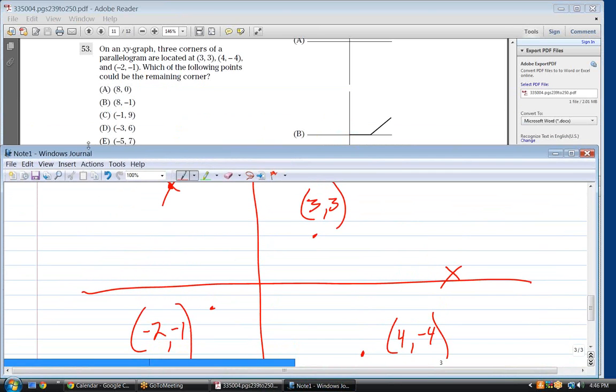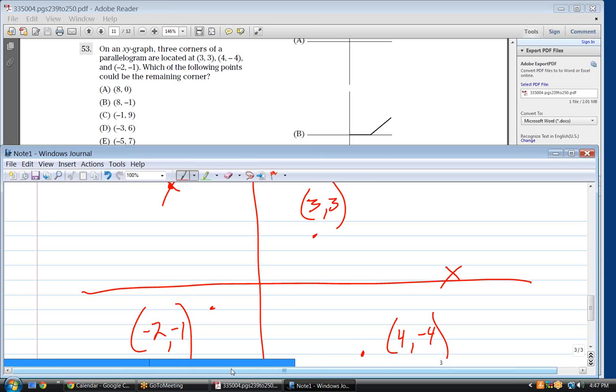Well, 8, 0 could work. Yeah, it might. That would be right there. 8, minus 1 might even work. Minus 1, 9. Now we can cross that one out. Yeah. Minus 3, 6 could be that point right there. Yeah, that can work. Minus 5, 7 maybe could be that point right there. Yeah.